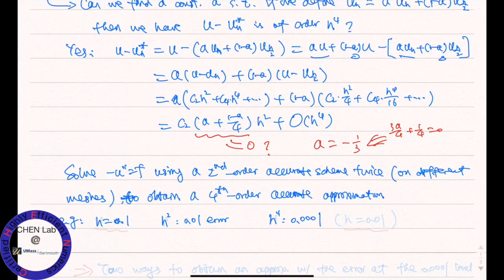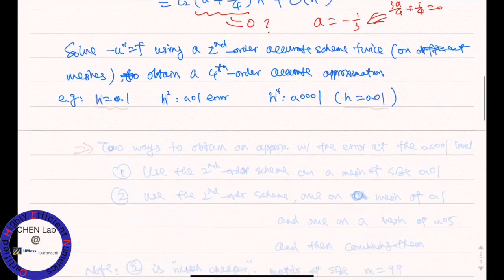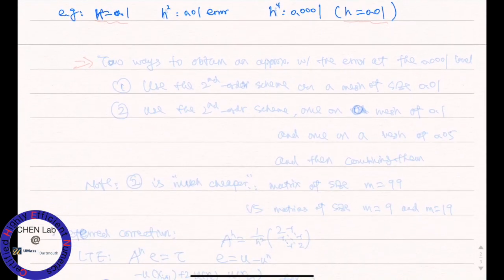And if you want that error with a second order scheme, the h here is like 0.01. So we should change this to capital H, and then have small h.